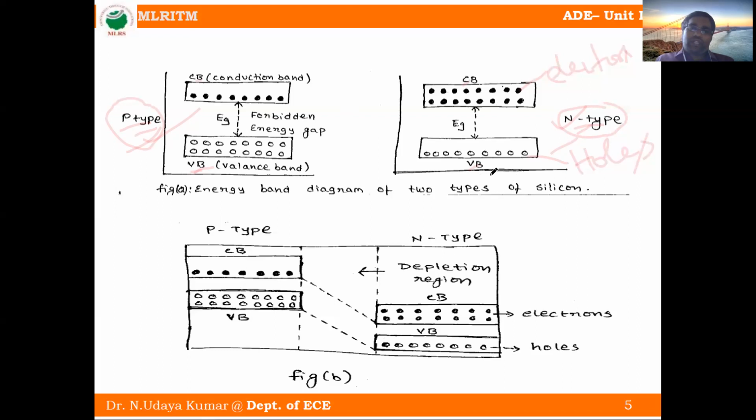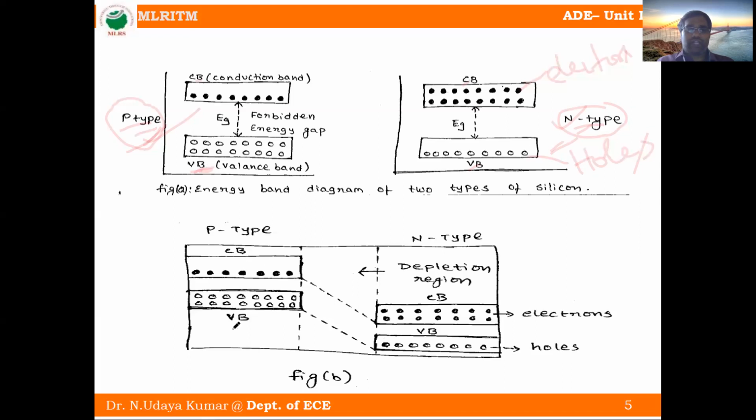Whenever we combine them together at 0 degrees or 0 voltage, what happens? The valency band is misaligned. Whenever P type and N type are combined, the valency band is misaligned. See, this valency band moves above compared to the previous one. So this is the valency band.